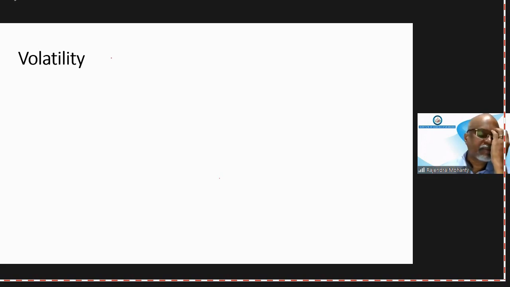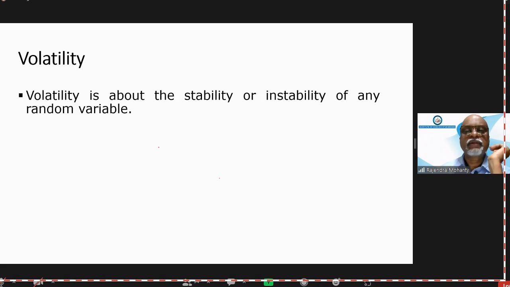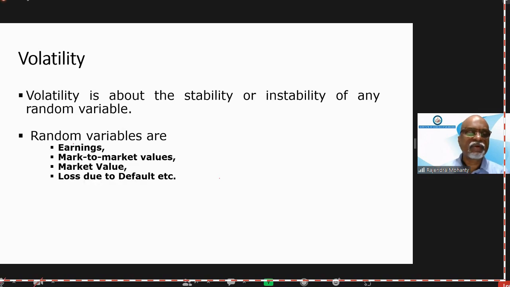So difference between sensitivity and volatility is that volatility talks about the stability and instability of any particular investment. Okay, so it talks about stability or instability of a random variable. Random variable in the sense, what are the random variable? Random variable means whatever we are, our income or market value, whatever it means. So random variables are earning.